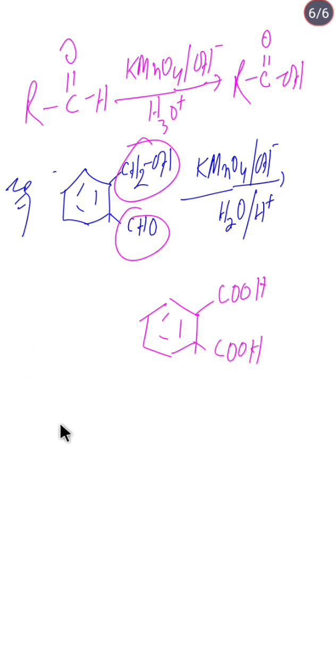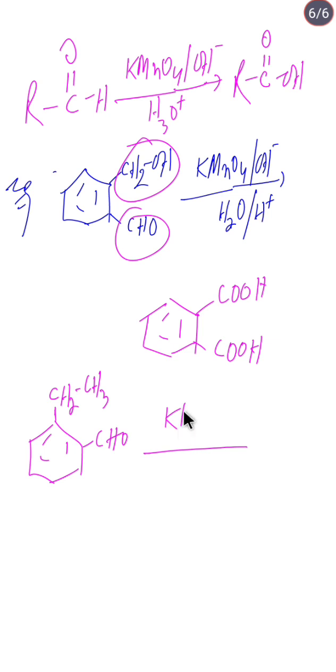I can give one more example here, which has been asked in the council exam class 12, and the reaction goes like this. This is our 2-methyl benzaldehyde, and if it is reacted with KMnO4 with a base followed by acidic hydrolysis, then what will we get?